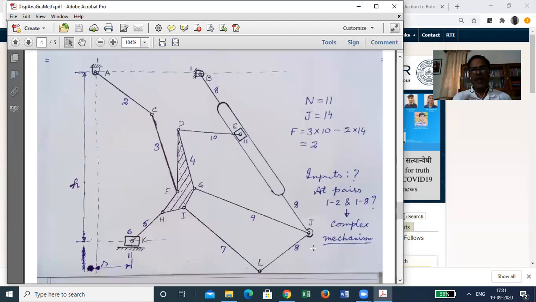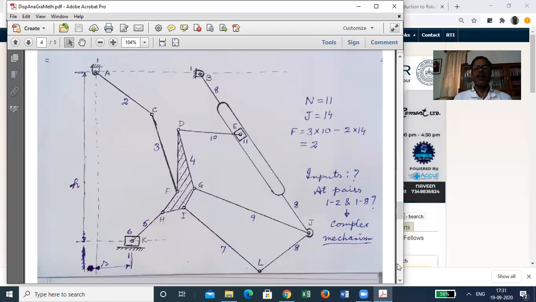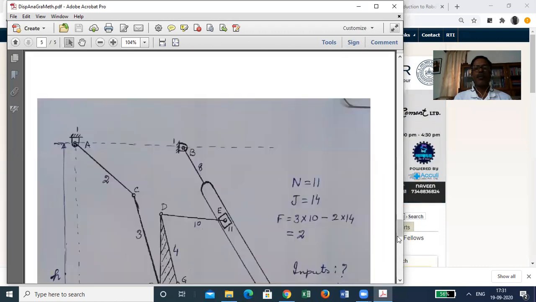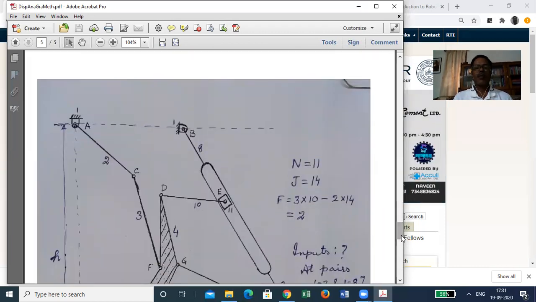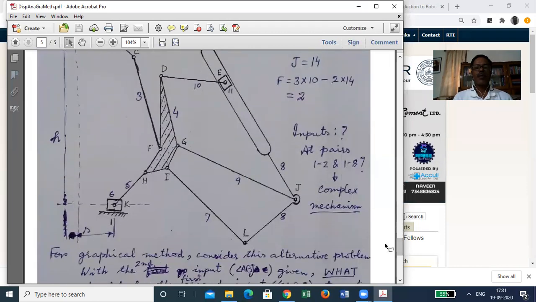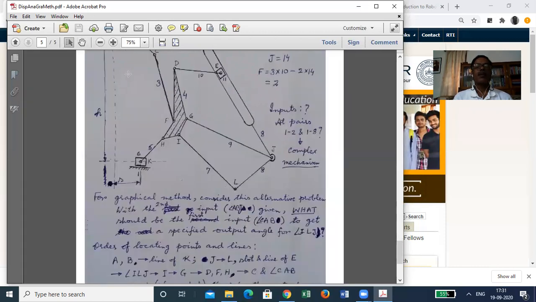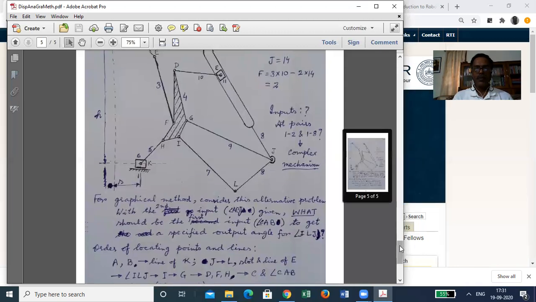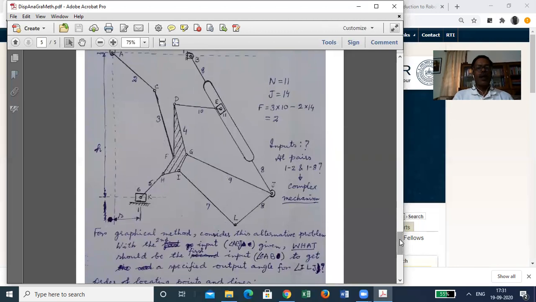So for graphical analysis, to see how graphical analysis you do for this mechanism, we would slightly change the problem. It is not input known, output to be determined problem. The problem is a little different. For graphical methods, consider this alternative problem.